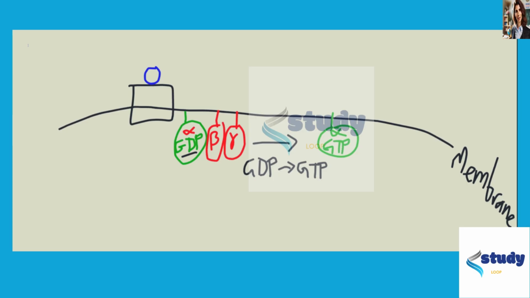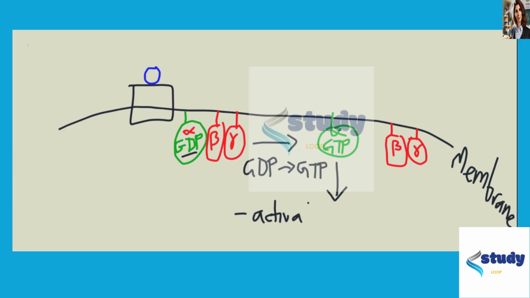And also, these subunits are moving away, so they can go off and activate other proteins. This is going to generate some downstream signaling. From here, we're going to see an activation of the adenylyl cyclase.